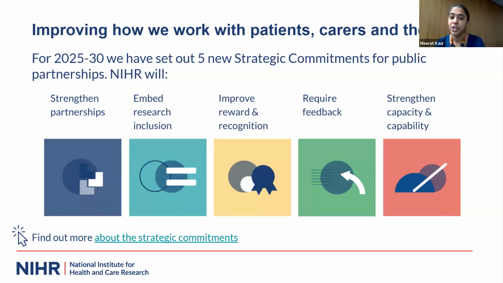Improve reward and recognition, which we have a lot of issues with, and we hear complaints about it not being effective and efficient. So how do we ensure that it is more effective, efficient and sustainable? Require feedback, an obvious one, but we still don't do it as well as we need to, and strengthen capacity and capability.